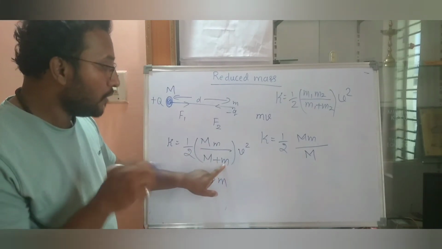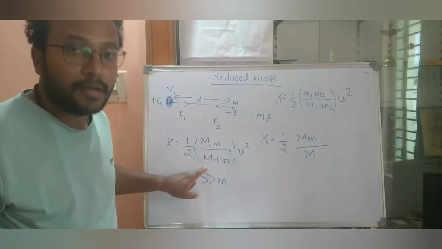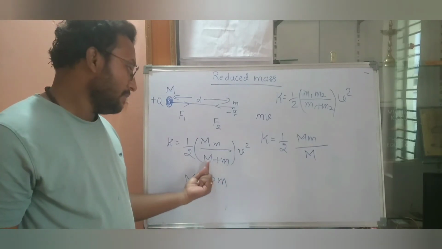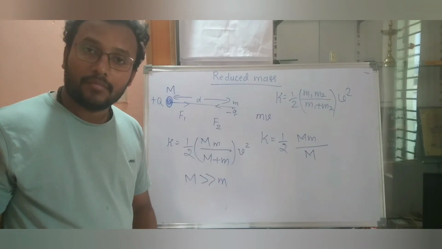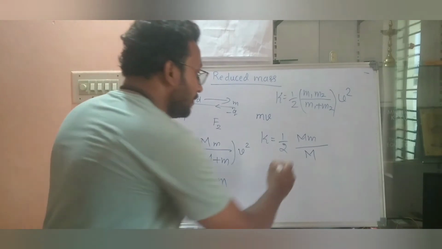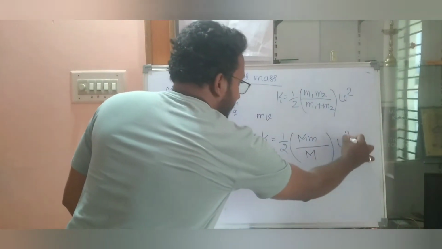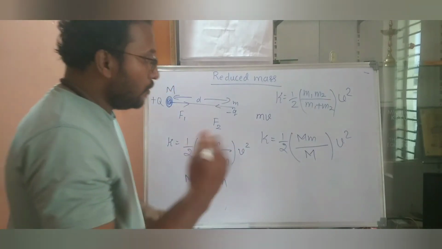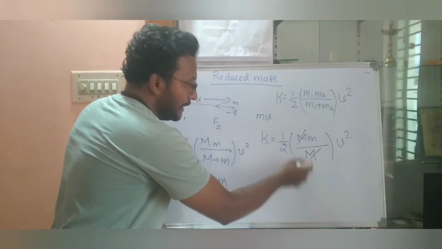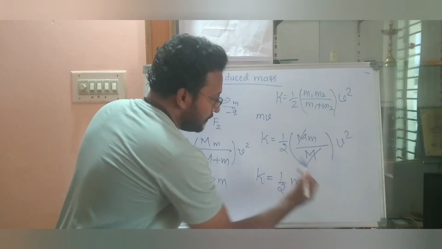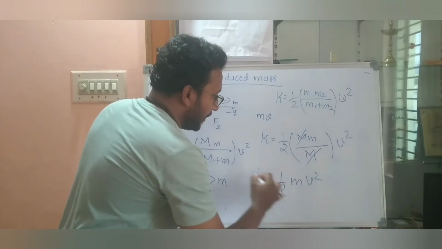Even if you add a small quantity of mass to this bigger mass, there is no change in the value of the denominator apart from capital M. So I can consider only the capital letter M in the denominator, multiplied by the relative velocity v itself. Now I can cancel M and M. The total kinetic energy is half small m v square.